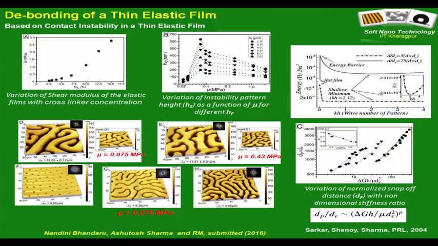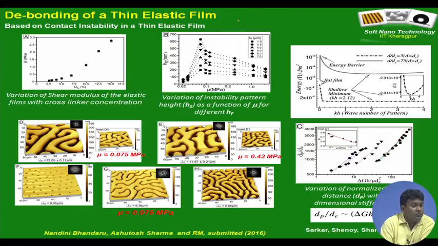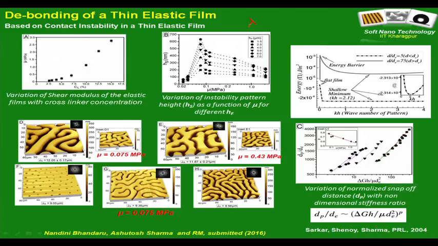And so, here are some images that give you an idea of something more interesting: though the instability length scale, the wavelength, is independent of the shear modulus, it turns out that the maximum height that can be achieved during debonding depends on the exact shear modulus of the film.